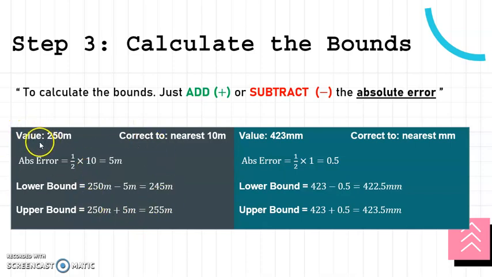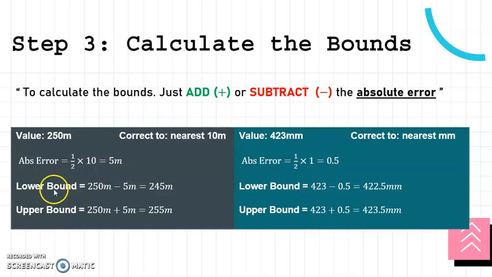From here, you can see the value given is 250 meter, and the unit of measure will be correct to the nearest 10 meter. So this is the unit of measure. So how do you calculate absolute error? It is equal to half multiplied with 10, which is equal to 5.